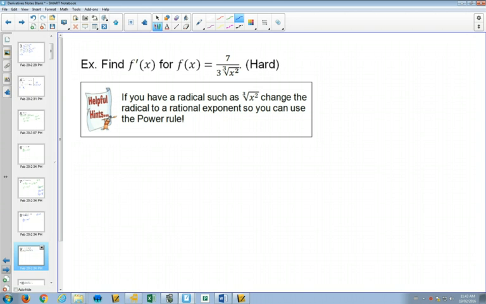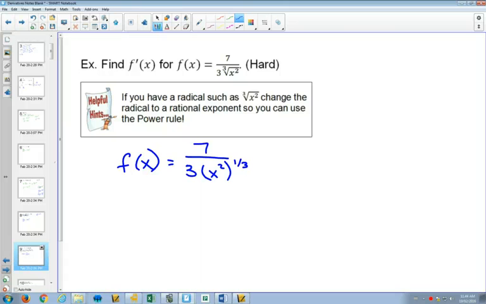So what we're going to find is we're going to be using our exponent rules a lot, because when we have a function, we need to be able to change radicals to rational exponents. So when you have a cube root of x squared, do you remember that a cube root is the same as to the power 1/3?